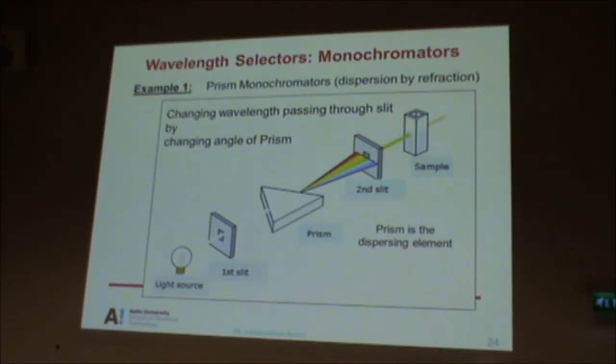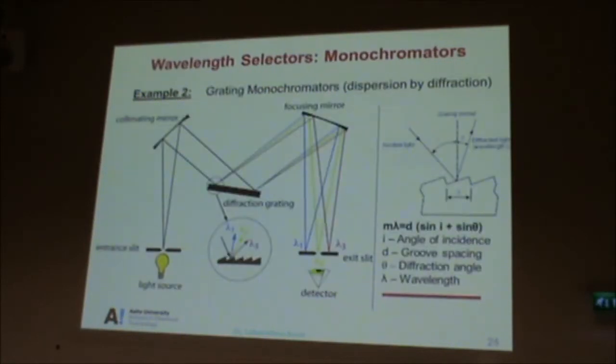I will give you a bit more technical example, and that is based on diffraction. Now you have a reflector that is made of a grating element which has a lot of small stripes, and the distance between the stripes decides the angle of dispersion.